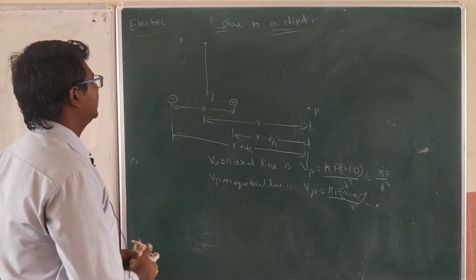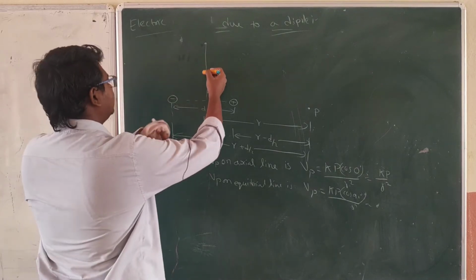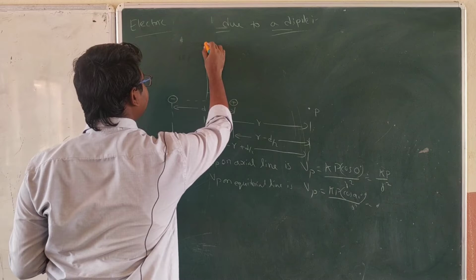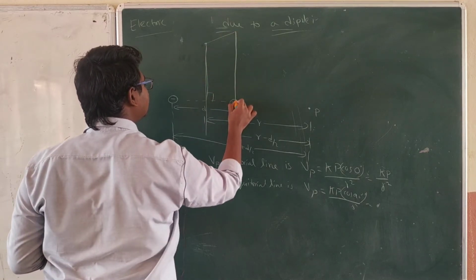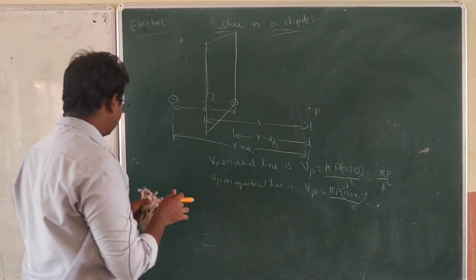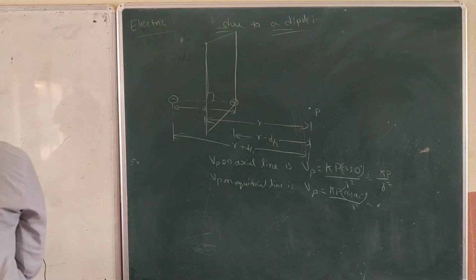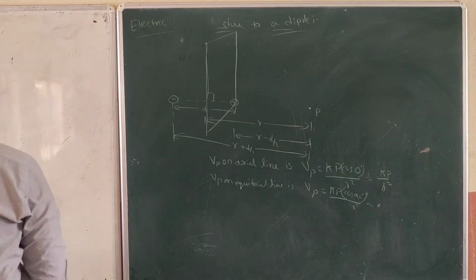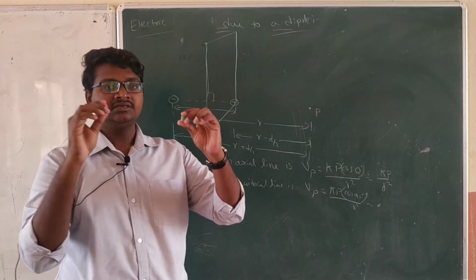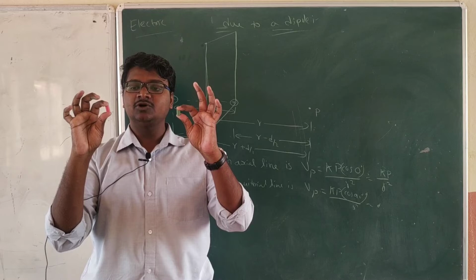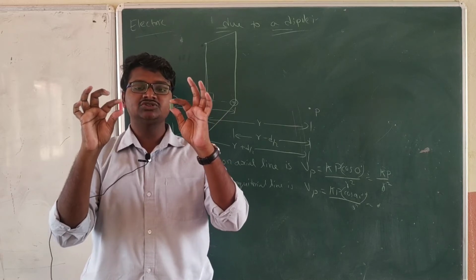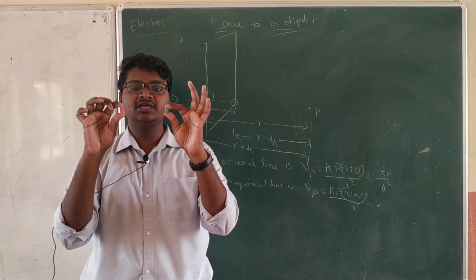You can consider another thing here. If you consider an equipotential surface like this, for example, let's consider one negative charge and one positive charge separated by a small distance d.